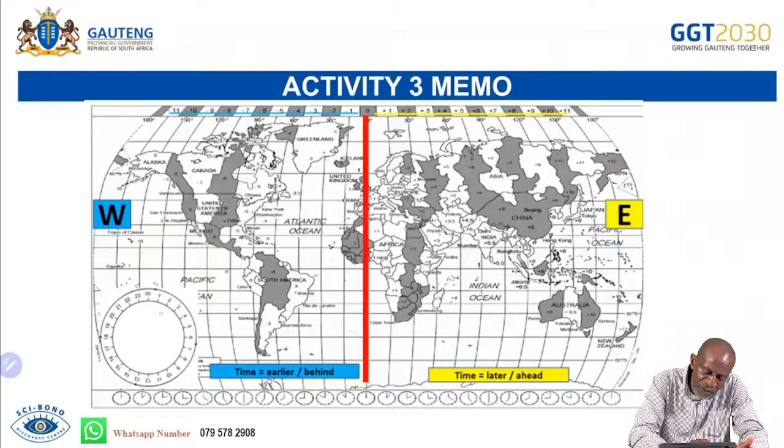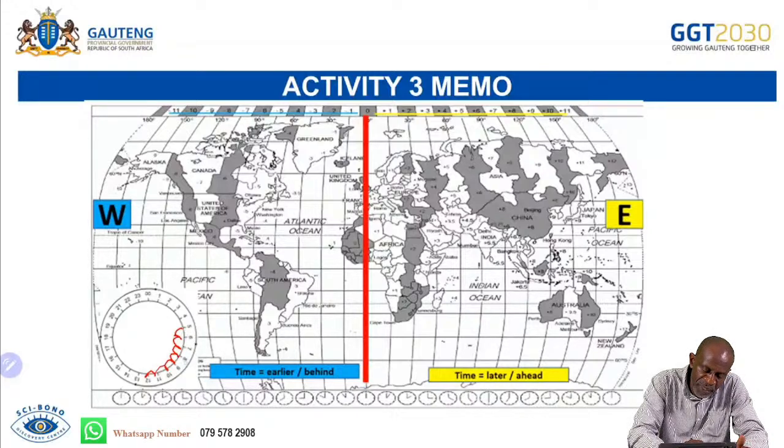And from 12, as we go backward, we'll get to 11, 10, 9, 8, 7, 6, and 5. So 12 hours, when we subtract the 7 that we have, we'll get 5.